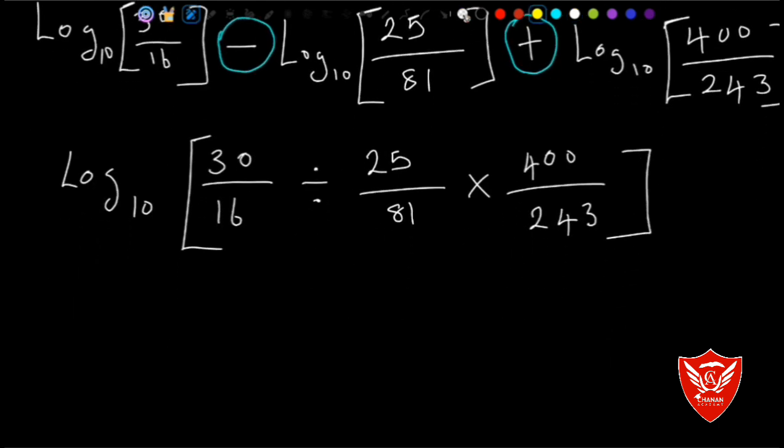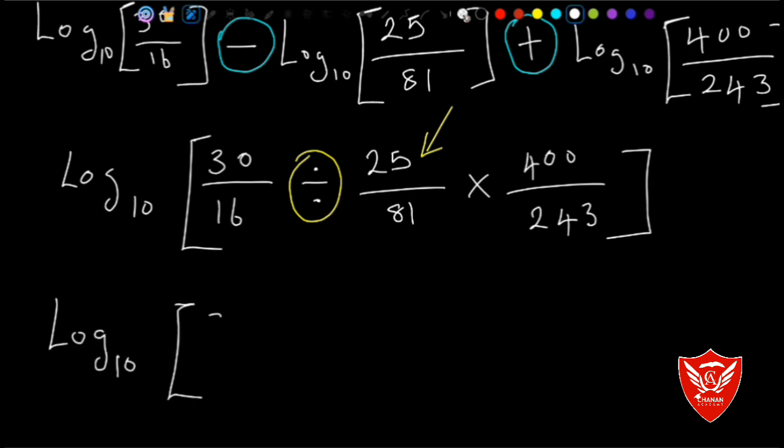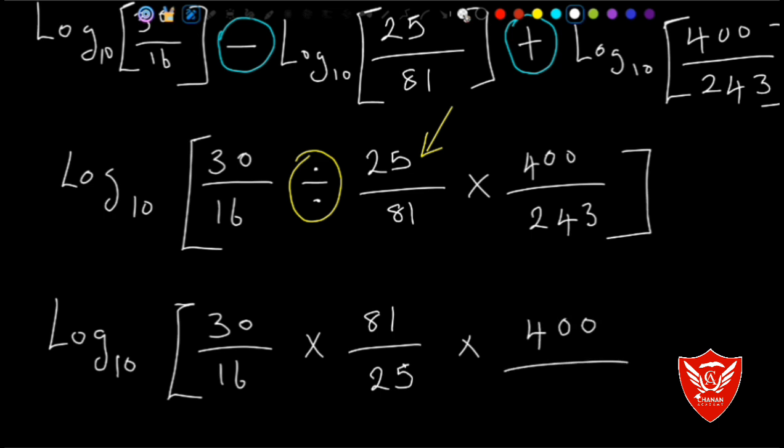Do not forget, for us to convert this division sign to multiplication, we are going to invert this 25 over 81. So then we are going to have the log of base 10, 30 over 16, now multiply by 81 over 25, multiply by 400 over 243.